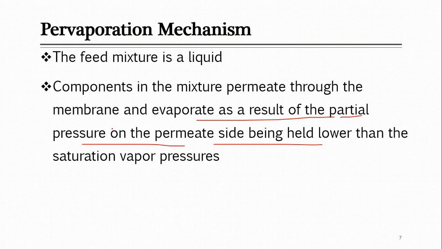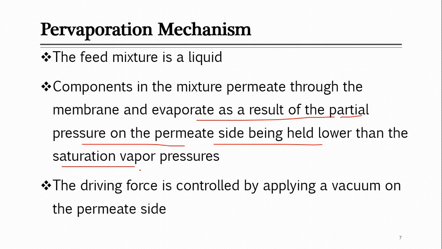So at the end, their surrounding pressure is lower than the saturation pressure. When the surrounding pressure is lower, due to this vacuum, due to this low pressure, evaporation takes place and their phase is converted from liquid to vapor. The driving force is controlled by applying the vacuum.